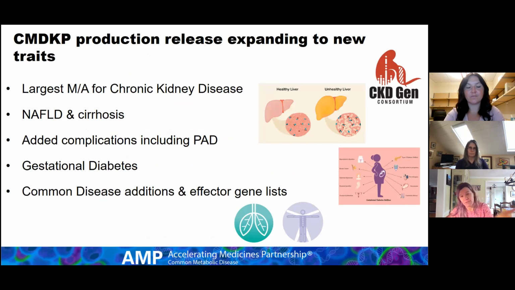It's already been published, but we've fully integrated it in the portal along with all of the other 300 or so traits you can peruse. We're adding another core CMD disease, NAFLD, to the portal. It hasn't been on the portal before, so those data sets are coming in as well. And increasing complications for type 2 diabetes and related traits, including peripheral artery disease and other associated complications.